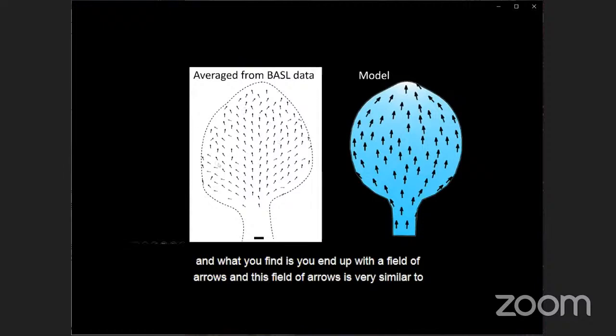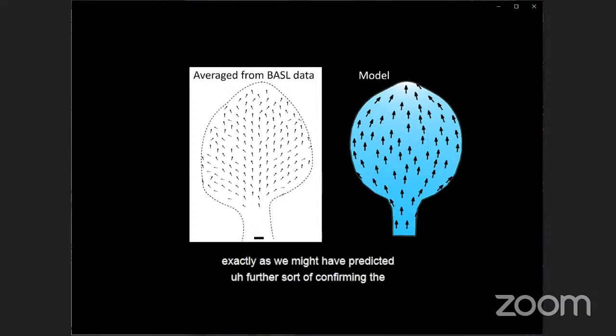And this field of arrows is very similar to what we'd predicted by the model. So we now have direct evidence for these arrows, this polarity, exactly as we might have predicted, further confirming the validity of these types of models.